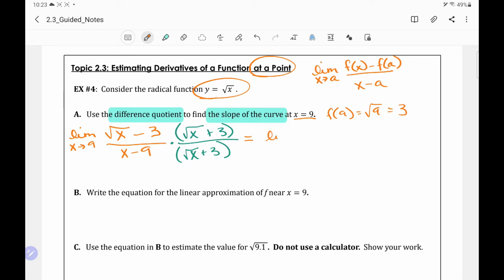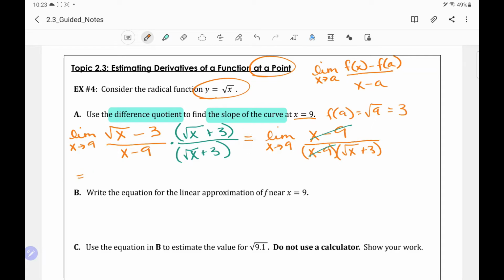So we're going to get the limit as x goes to 9 of square root of x times square root of x, which is just x. Negative 3 and 3 is negative 9, over x minus 9 times the square root of x plus 3. What happens to our x minus 9s? This can cancel out with this.